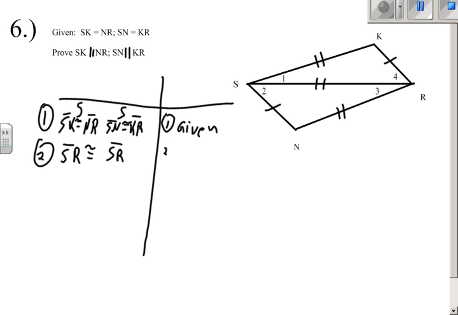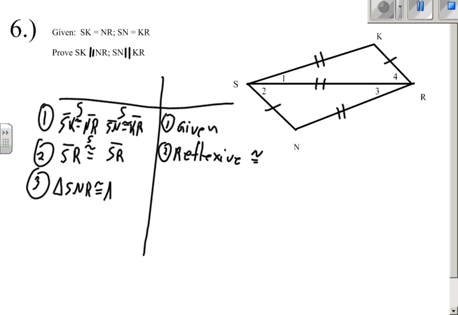And remember, that was reflexive property of congruence. And now we have two congruent triangles by side, side, side. So there's another set of sides, side, side, side. So we say triangle SNR is congruent to triangle RKS, and the reason, side, side, side postulate.